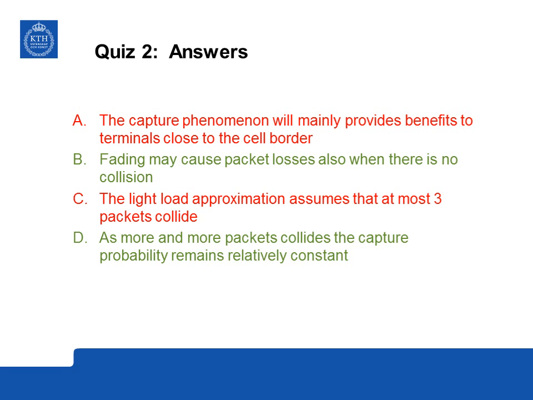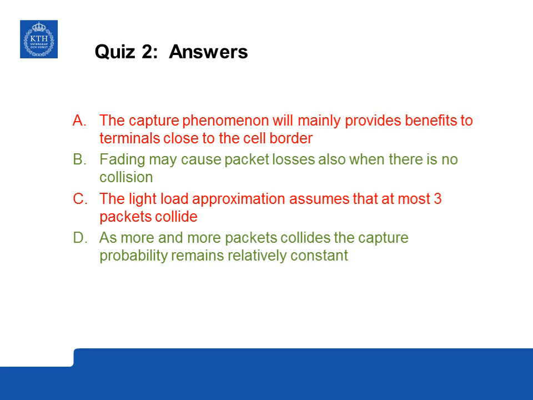So here are the correct answers. The capture phenomenon will mainly benefit terminals close to the base station and not close to the border. So the answer A is wrong. We go to B. Fading may cause packet losses also when there's no collision.